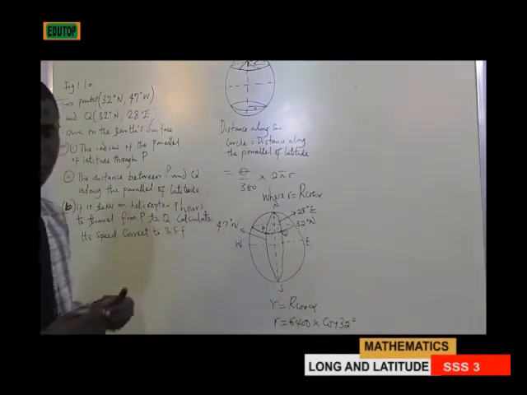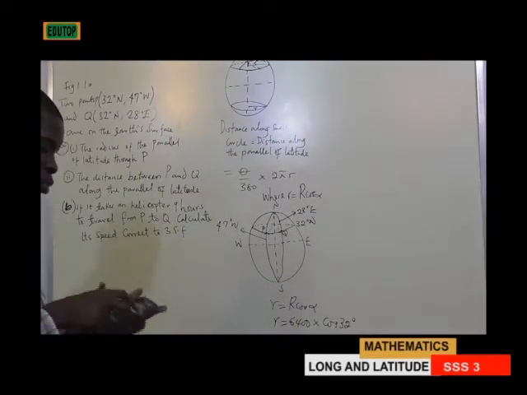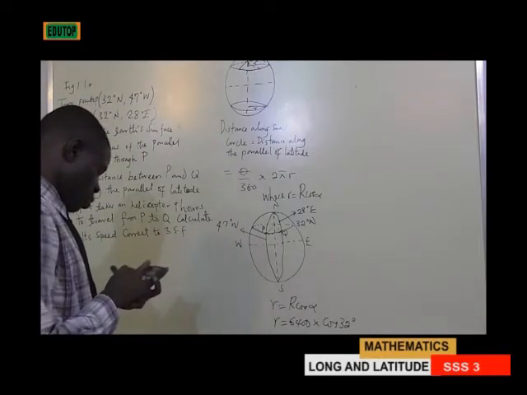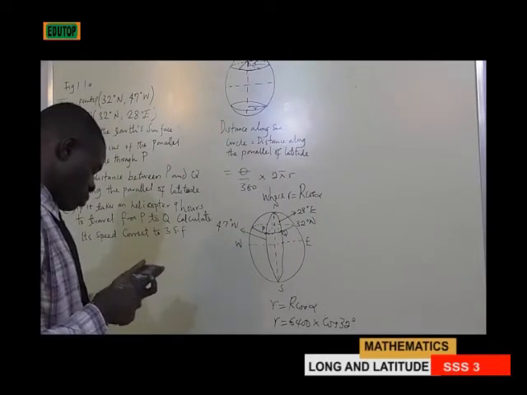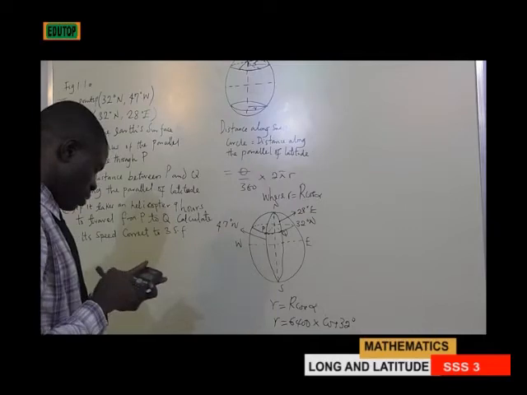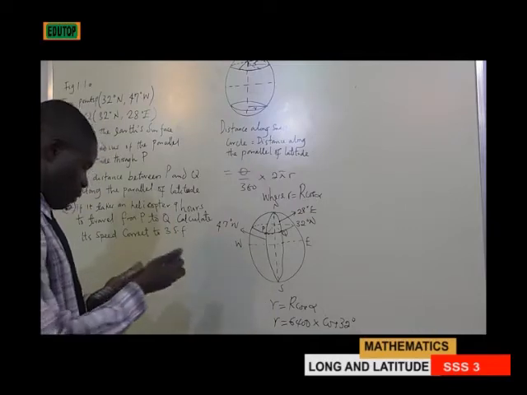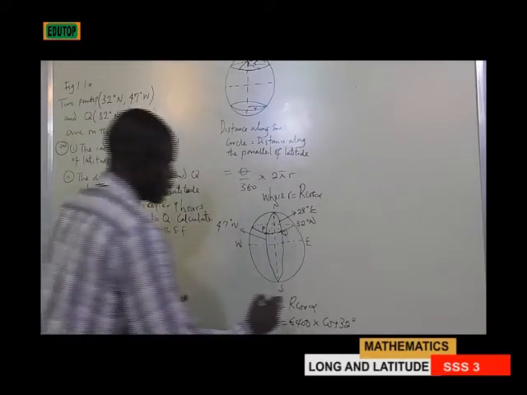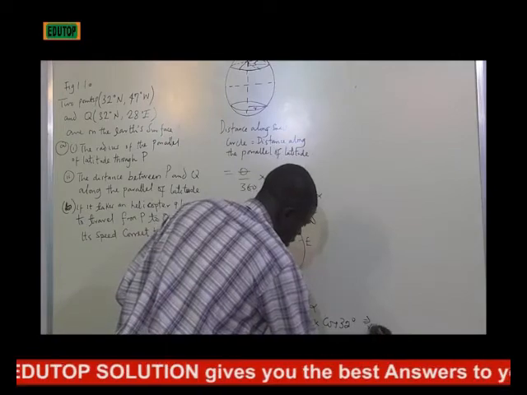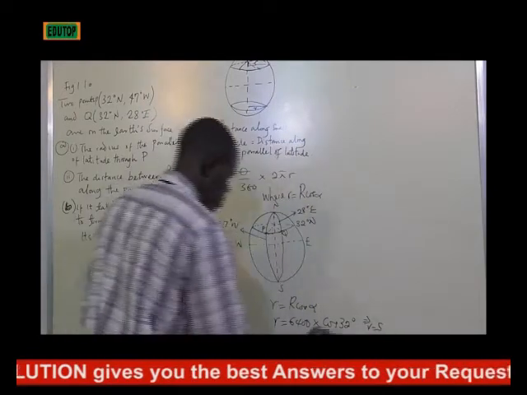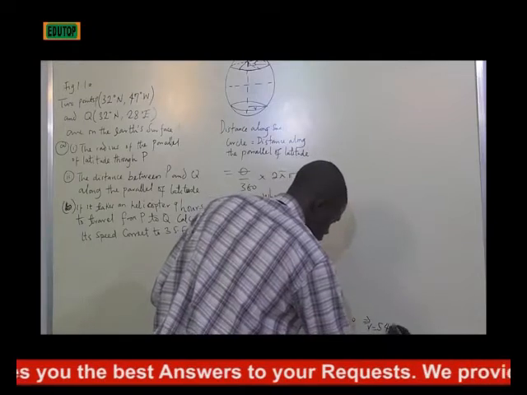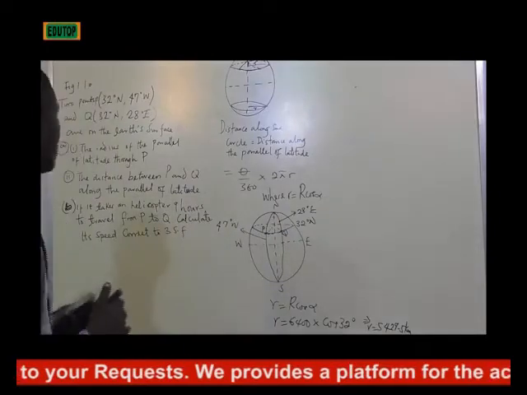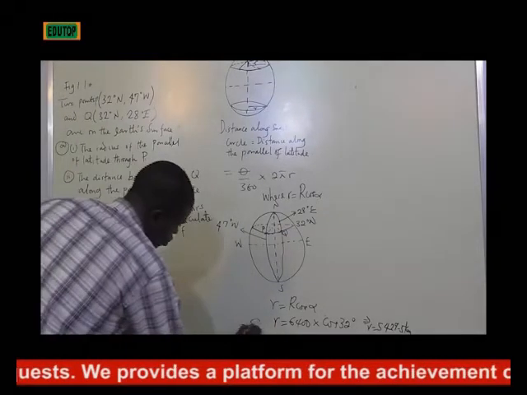So we resolve this as 6,400 times cos 32, and we have 5,427.5. Our answer here, our small r is 5,427.5 kilometers. That's the value of our r, and that's the answer to question 1A1.